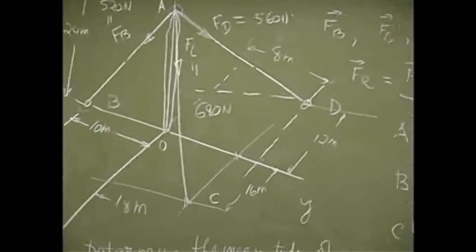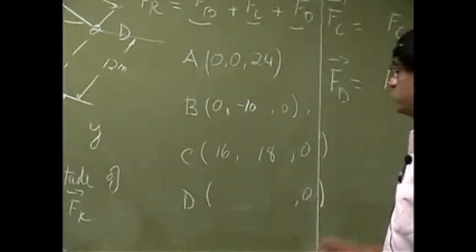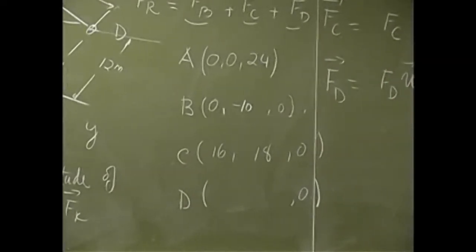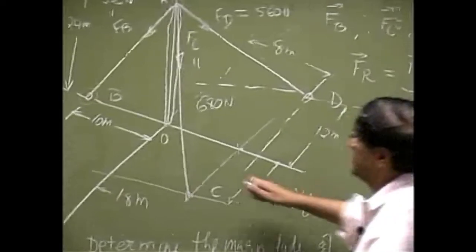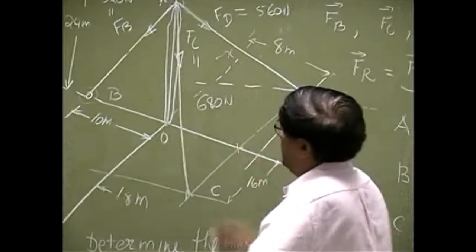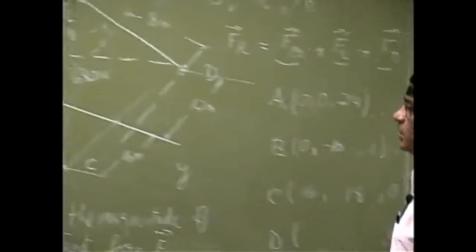So being on the x, y plane, your z coordinate automatically goes to 0. Then for the x coordinate, the distance is about 12 meters, except it's in a negative x direction.